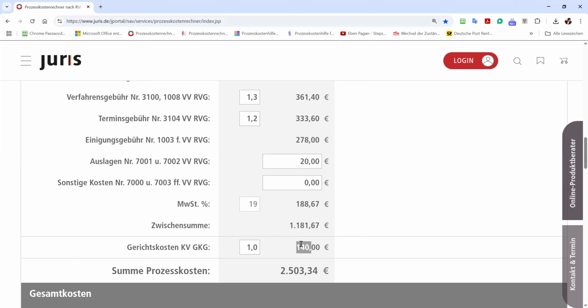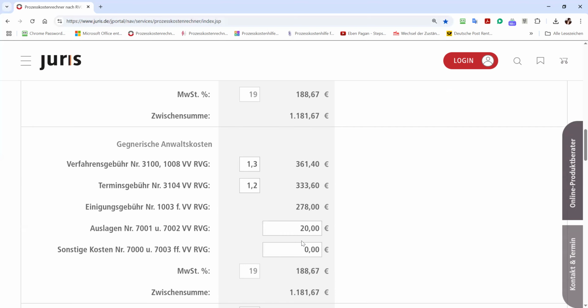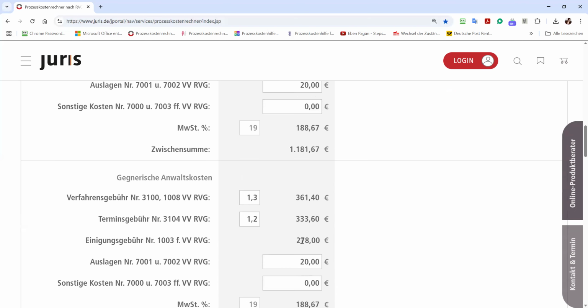So, what do attorney fees typically cost? If fees are charged hourly, which is more common in international business contexts or sometimes in family law, typically hourly rates in Germany range from 180 euro to 700 euro and above plus VAT, depending on the lawyer's experience and the complexity of the case.